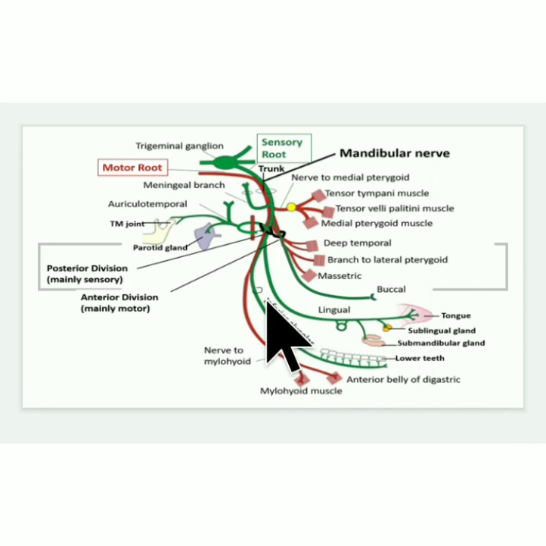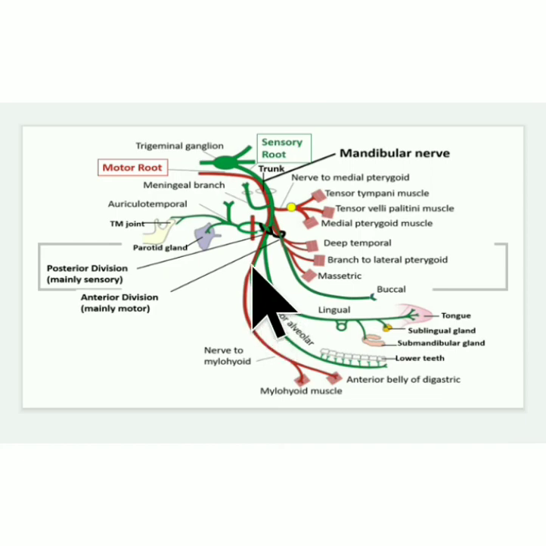After entering through the mandibular foramen, the inferior alveolar nerve passes through the mandibular canal, and it passes out through the mental foramen as the mental branch.